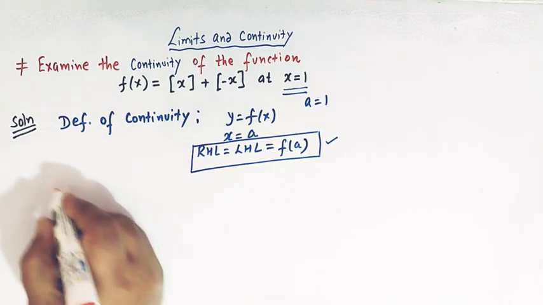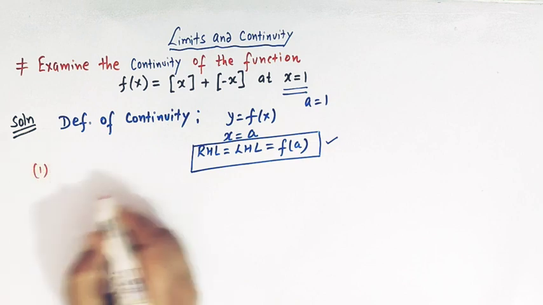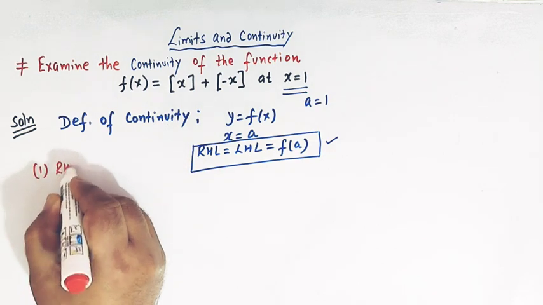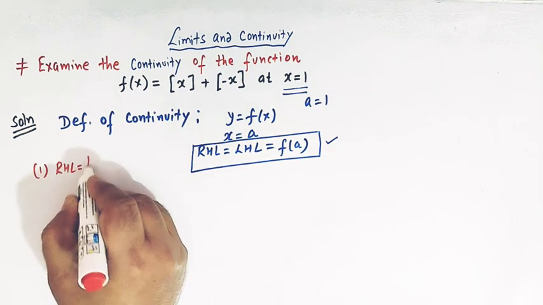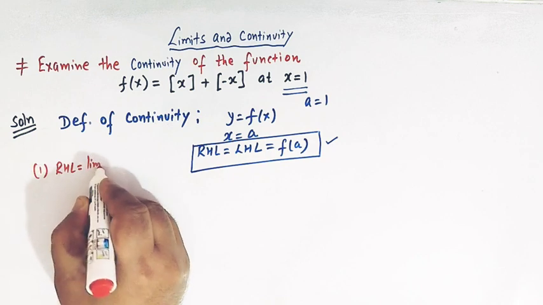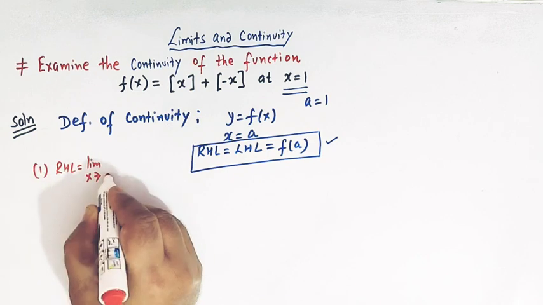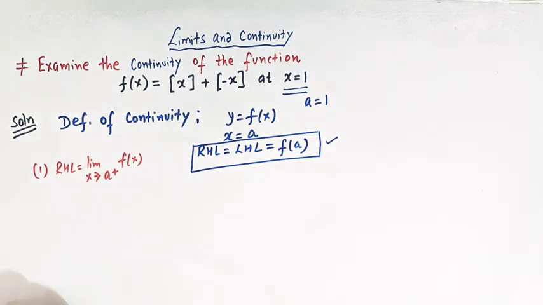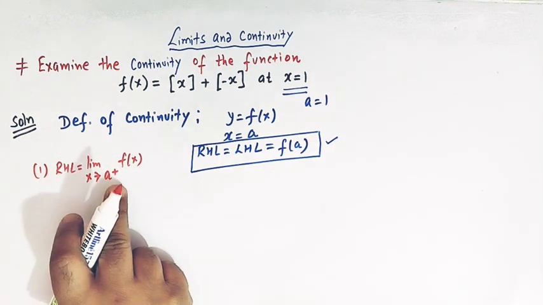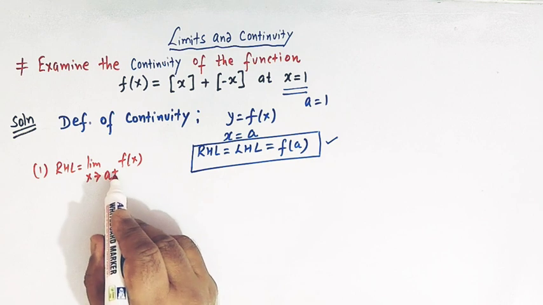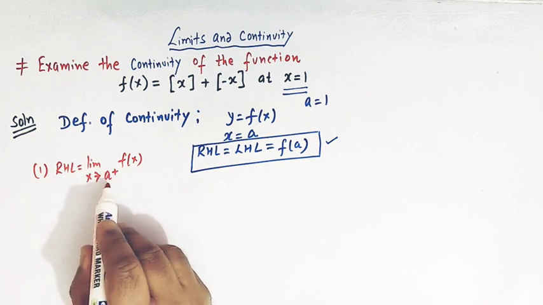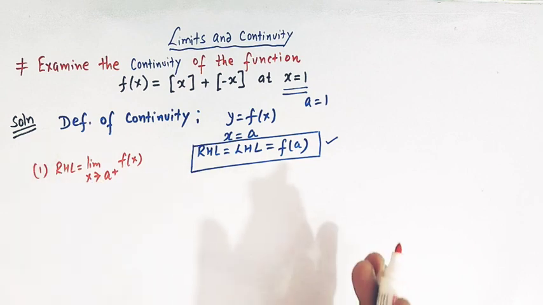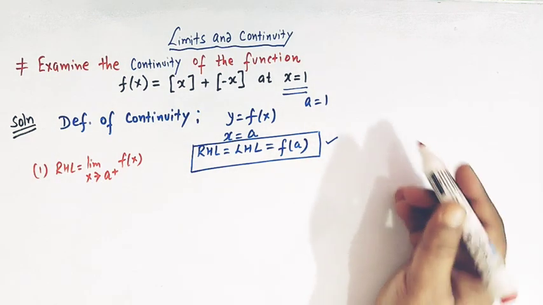Let us first find out the right hand limit. The notation for right hand limit is limit x tends to a plus of f of x, and this positive sign shows that we are approaching a from the right of x is equal to a.